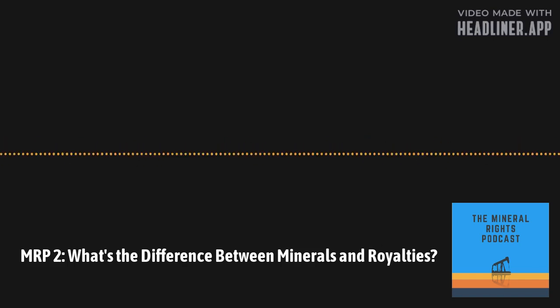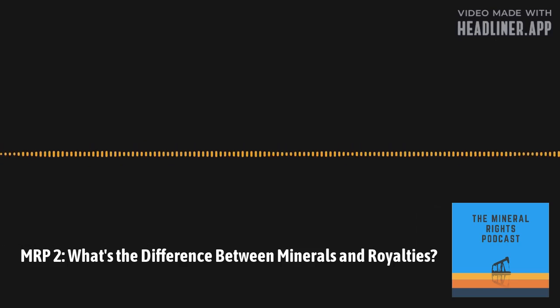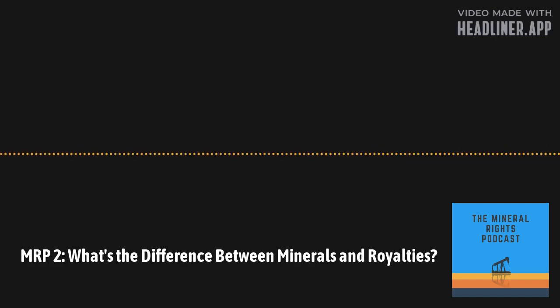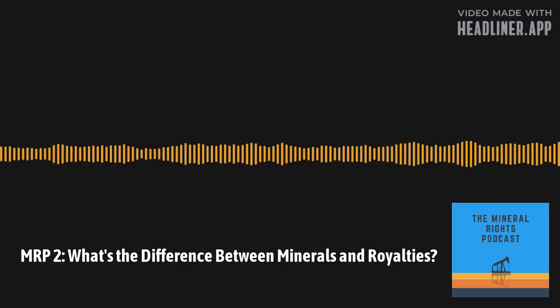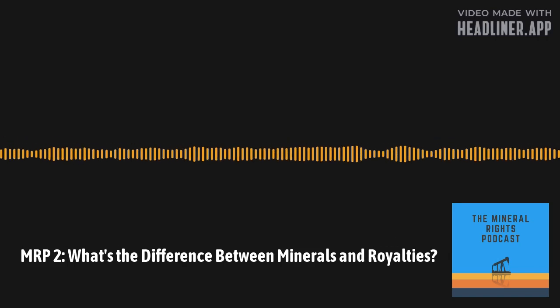Finally, the last type of ownership we'll talk about today is the concept of a royalty owner. And in oil and gas, the royalty owner has the right to receive a royalty or a share of production, but they cannot grant an oil and gas lease or receive the associated bonuses or rental payments. So we'll go through those four types again.